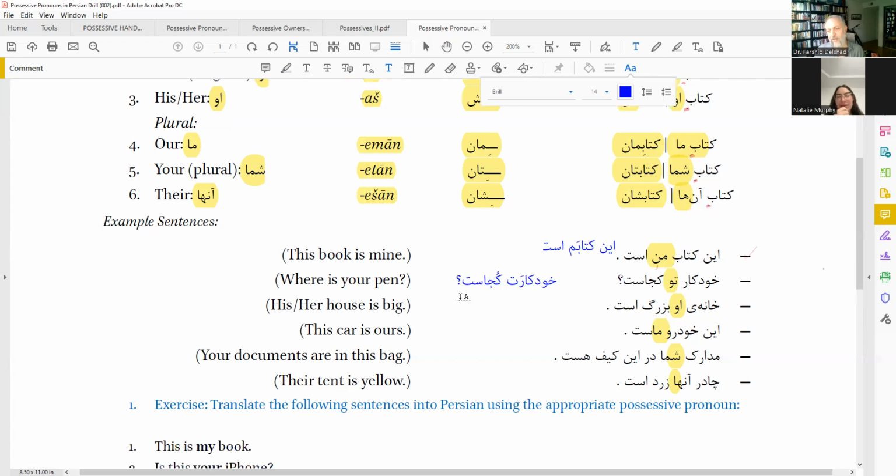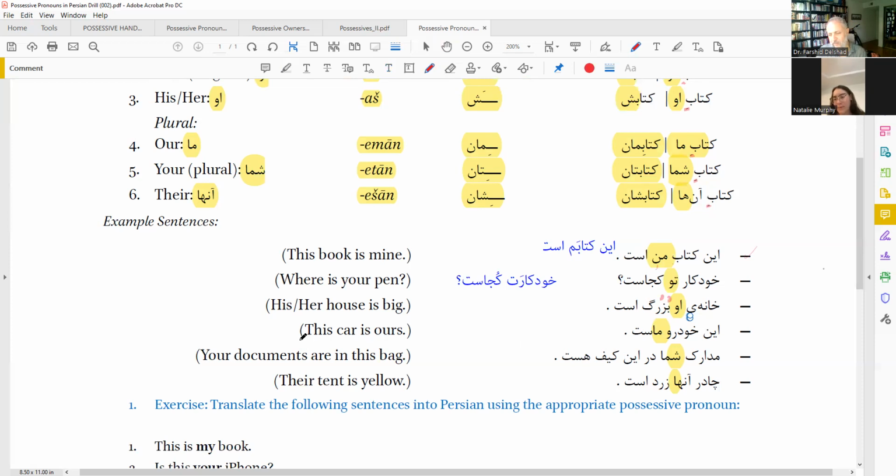Khane-ye u bozorg ast. Exactly. Khane-ye u bozorg ast. So his or her house is big.